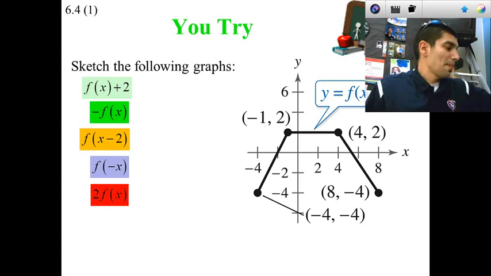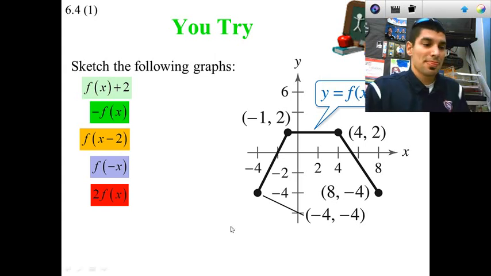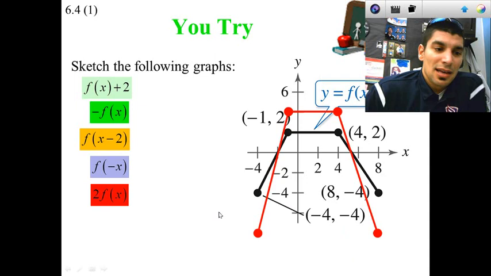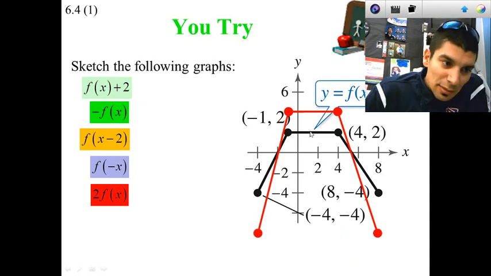This point here gets doubled. This point here gets doubled. This point here was at negative 4, goes to negative 8, gets doubled. This point here is negative 4, gets doubled. Everything gets doubled. It's vertically stretching the graph.